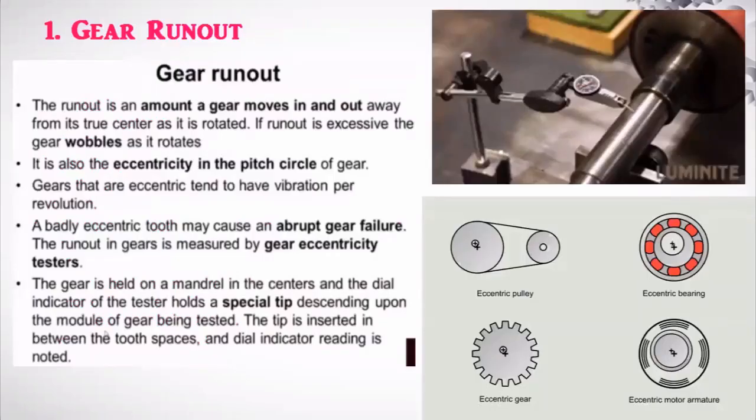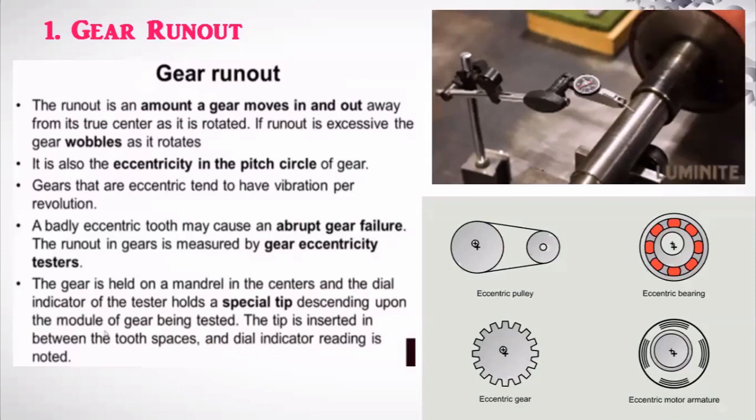So this was the gear runout. Runout means the amount the gear moves in and out with respect to the true center. That is, it is about the eccentricity of the pitch circle. That is what gear runout represents. Whenever the gear tends to be eccentric, you tend to have vibration.